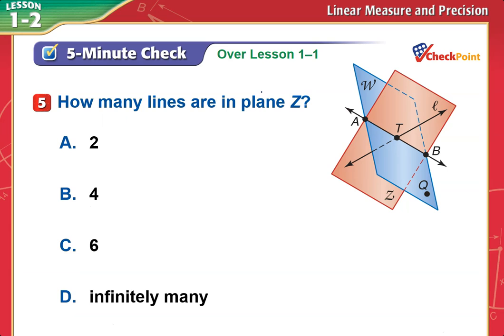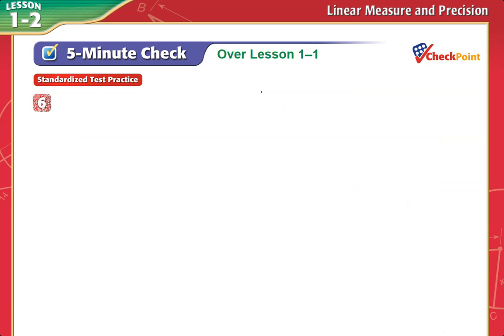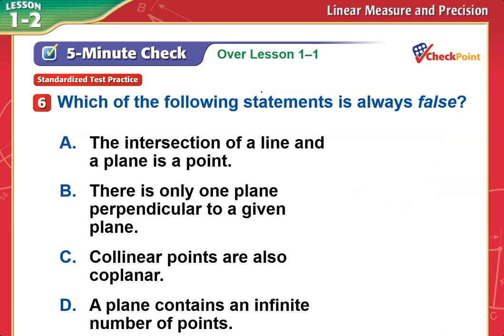How many lines are in plane Z? Now, it's not how many lines are actually drawn in plane Z. It's actually there are an infinite number of lines in a plane. Which of the following statements is always false? The intersection of a line and a plane is a point.